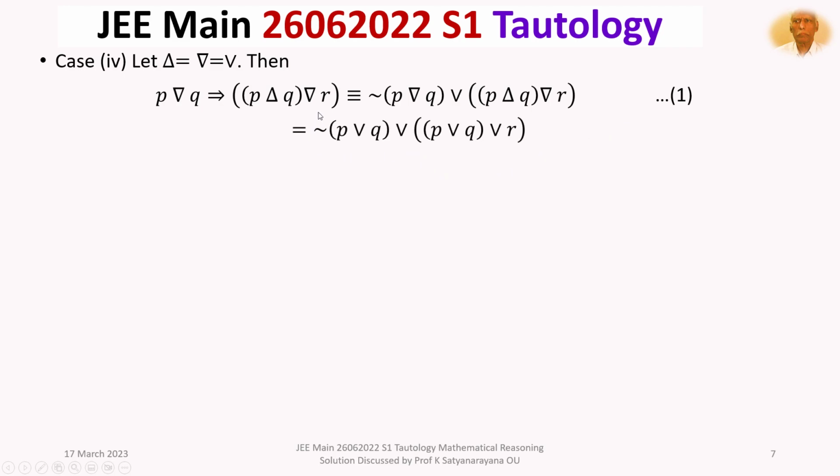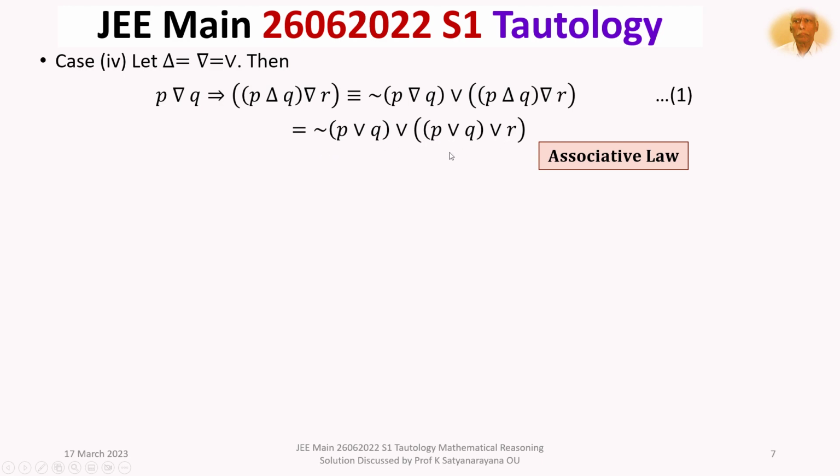Now this is equal to, I am not writing logically equivalent to, but equal to, because for delta and del, wherever they appear, we write R. Now we use associativity: these are the two components and this is the third component outside.